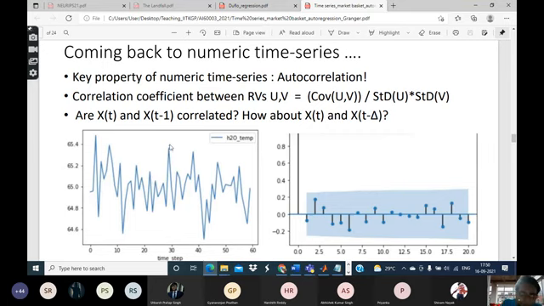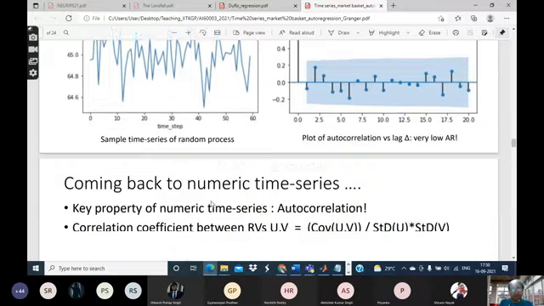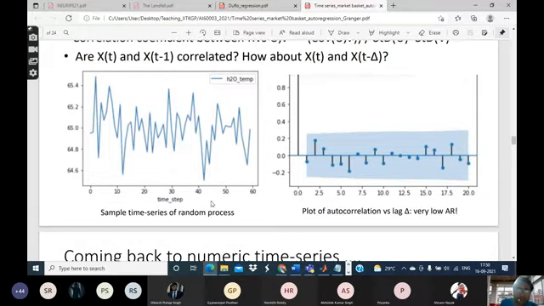So if at any point the value of x increases, we cannot say with guarantee that at any other particular point it is also going to increase. So this particular time series does not have very good autocorrelation, and because of that, it's very difficult to predict the next value.